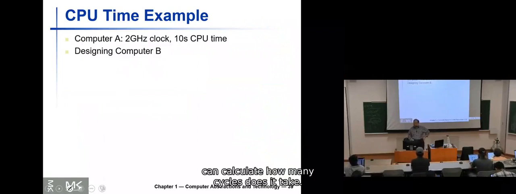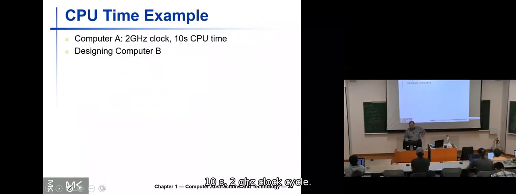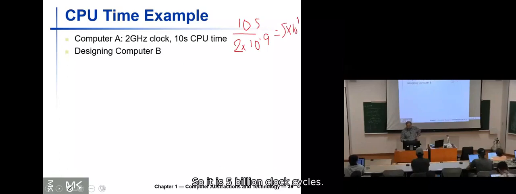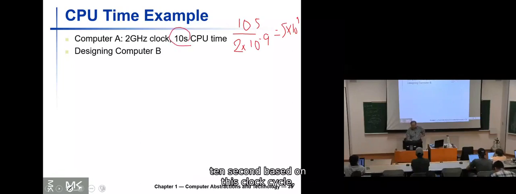So we can calculate how many clock cycles it took. 10 seconds times 2 gigahertz clock rate. 2 gigahertz times 10 seconds is 20 times 10 to the 9, so it is 20 billion clock cycles. This program, which took 10 seconds, based on this clock rate, actually means 20 billion clock cycles.